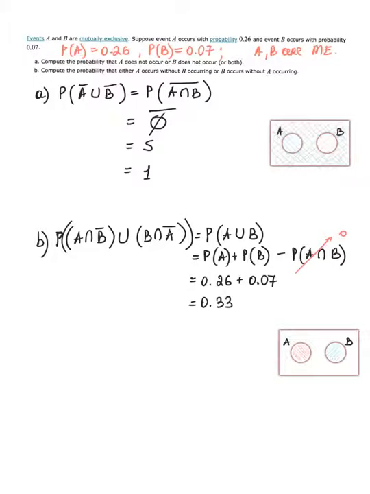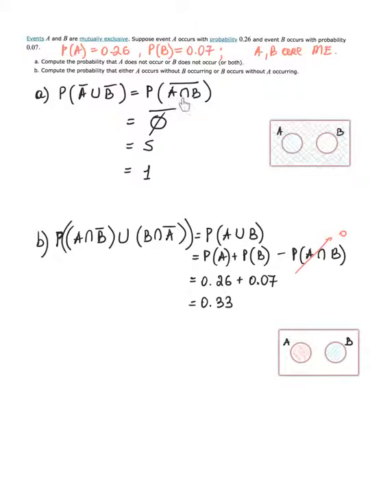Symbolically, we write probability of A bar, or A complement, union B bar, B complement. Think about how we can rephrase this. A not occurring or B not occurring is the same as A and B not occurring at the same time.